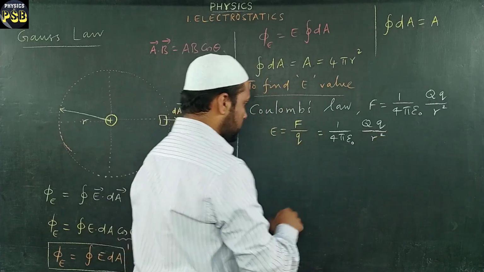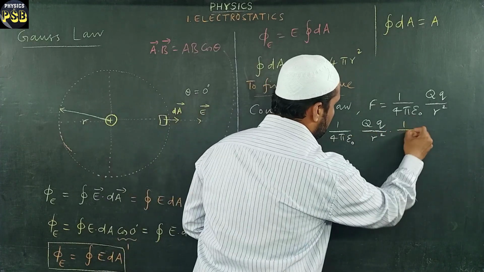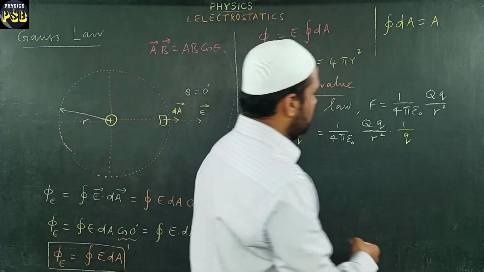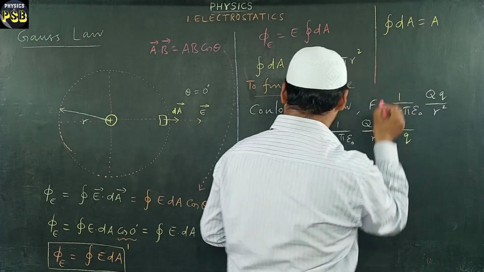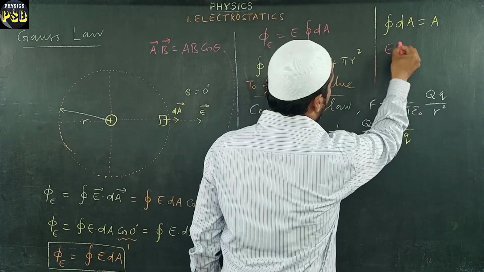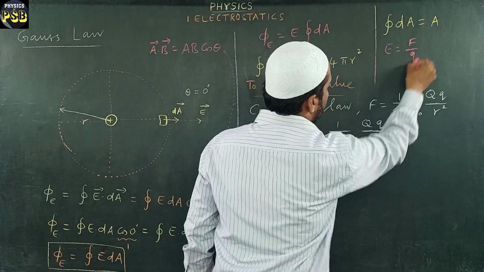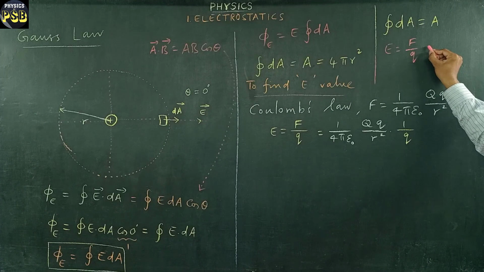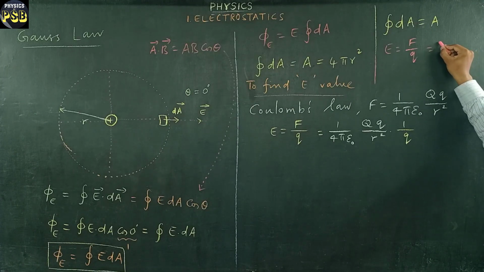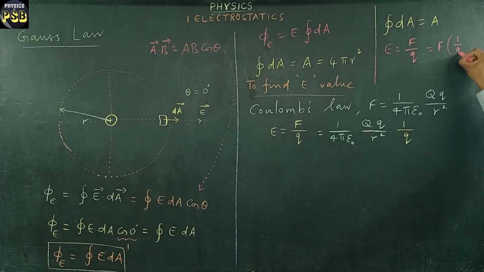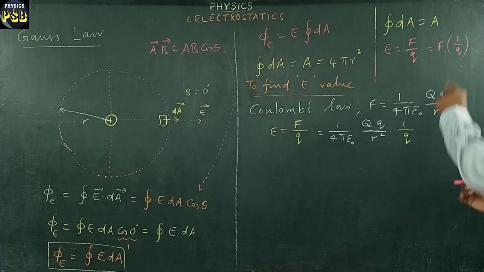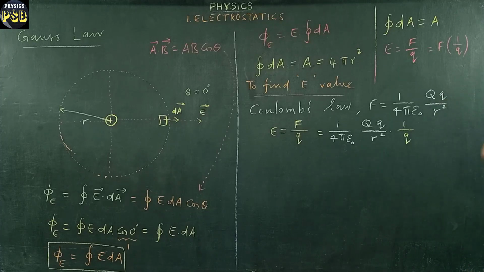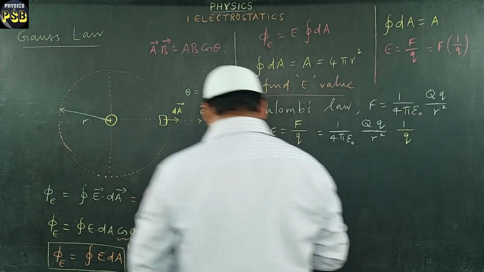And here 1 upon q is written this way. So what I have done actually is write this equation E is equal to F upon q as F into 1 upon q. In the place of F I have mentioned its value, and 1 by q is written here as such. I hope you have understood.